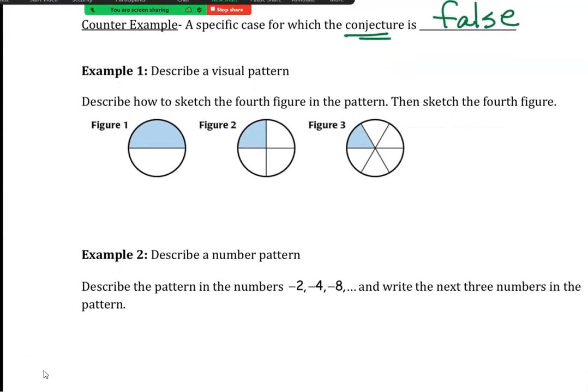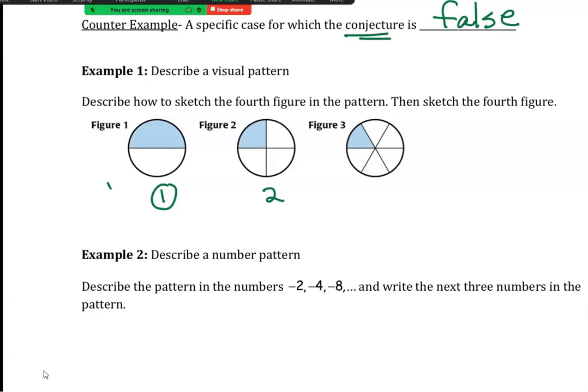Okay, describing a visual pattern. Describe how to sketch the fourth figure in the pattern. So what am I seeing? I'm seeing I have one line dividing that circle in half, and I colored in half of it. Then I put two lines, and I colored in one of the two, a quarter of the circle.